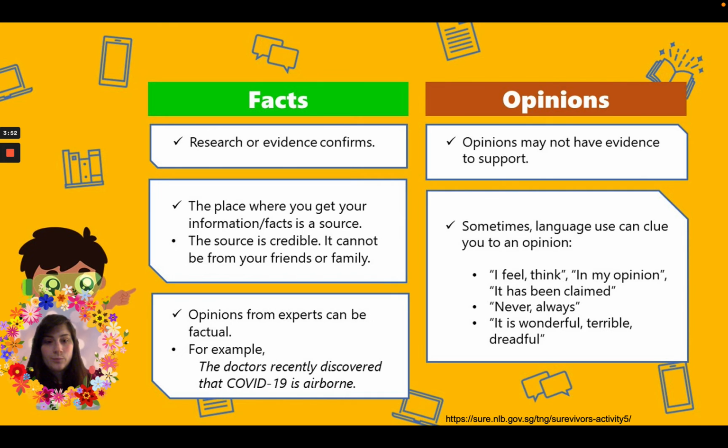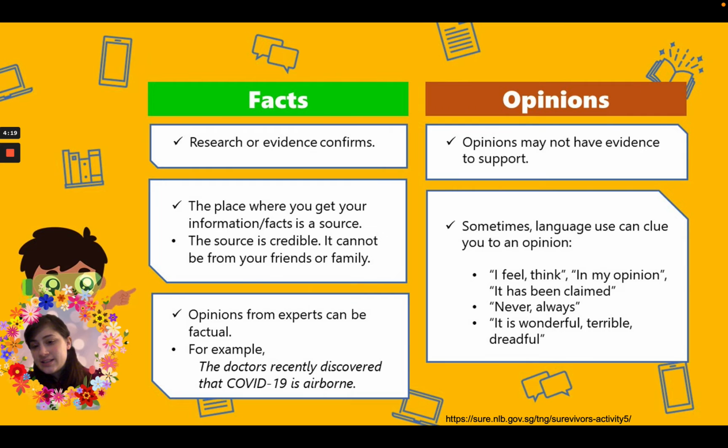So, per the video, just to review and reflect, difference in facts and opinions. Facts can be confirmed by evidence or research that is done by credible resources or by experts in the field. So the place where you get your information or facts is called a source, and you want your source to be credible.